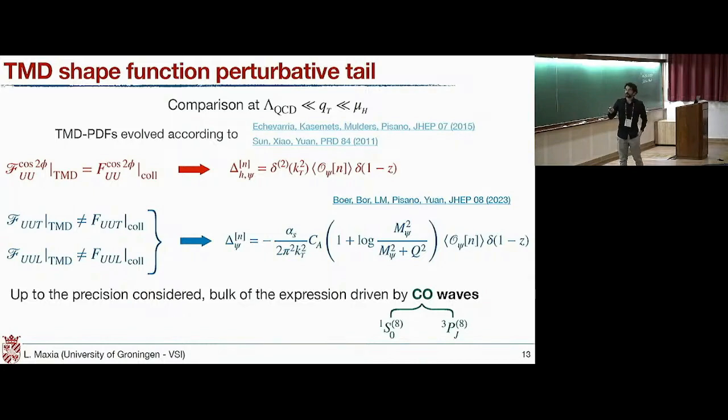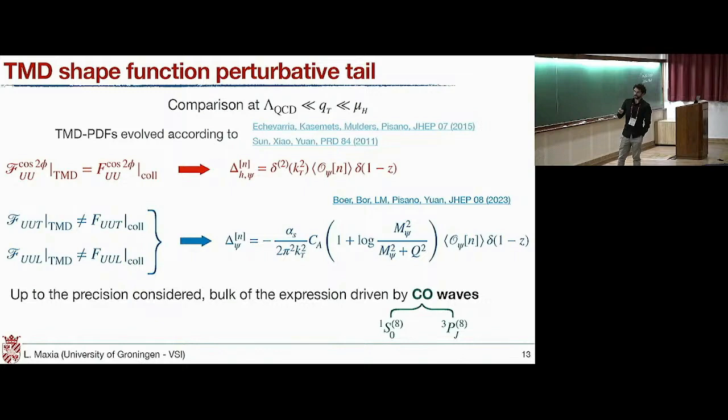If you look at the cos 2phi instead, it is perfectly matching, so the two coincide in the intermediate region, which implies that we cannot say much about the perturbative tail of the TMD shape function when it's convoluted with the Boer-Mulders function, which doesn't mean it's not there. It doesn't mean that this is the full result. It only means that we need to go to next order to observe it and check if it is actually the same or it can vary.